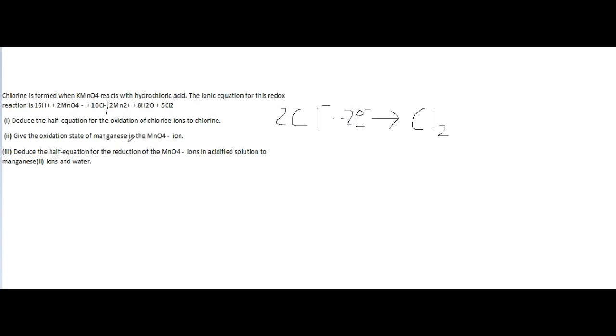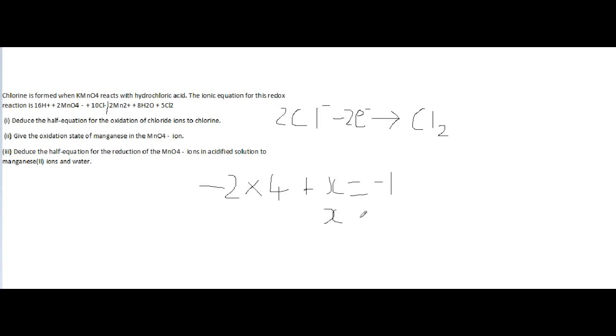Now this one: give the oxidation state of the manganese in the MnO4 minus ion. Quite simple. All I have to say is that negative 2 times 4 plus x is equal to negative 1.